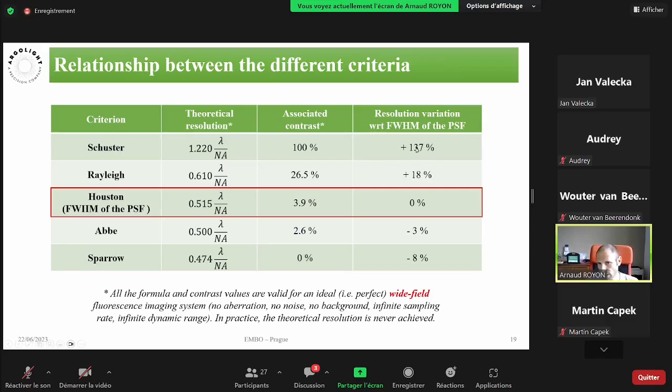And you can see that you can have a difference of about 137%, depending on what criterion you choose.